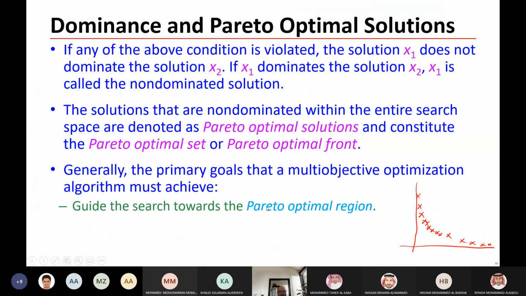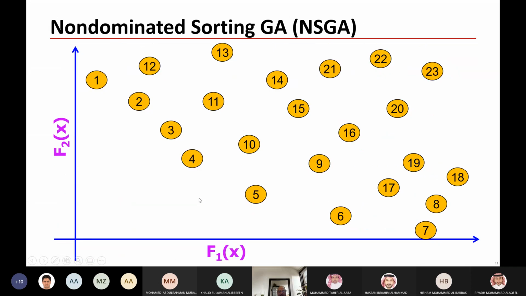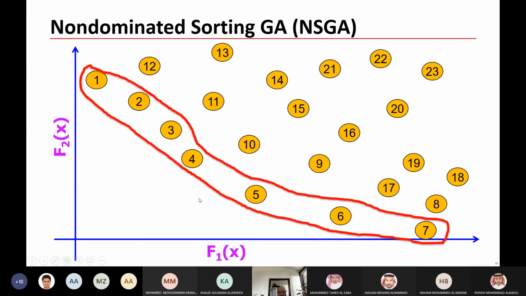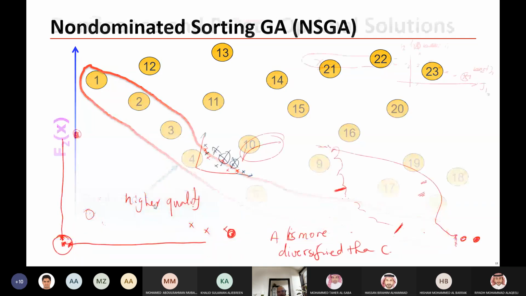We need to guide the search toward the Pareto optimal region, and also we need to maintain the population diversity. And this is the Pareto optimal front, or we call it Pareto optimal set, or Pareto optimal solutions.